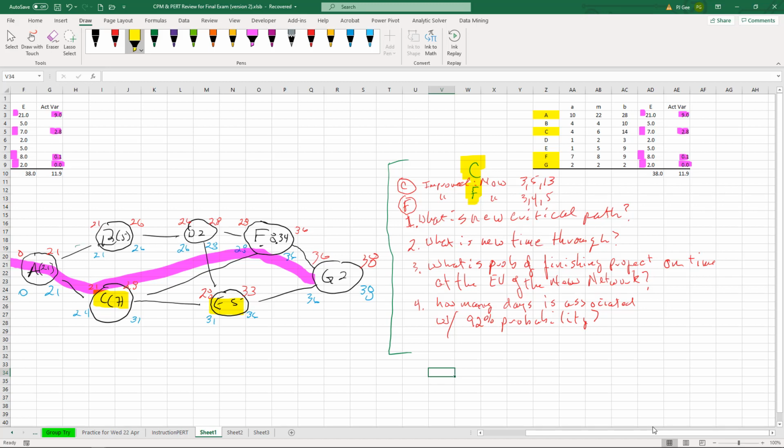If you quoted the actual expected value to your customer, what's the probability of hitting that? And how many days is associated with 92% probability? This is your company policy.